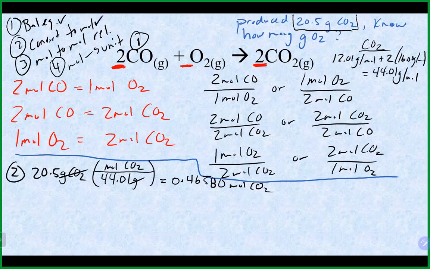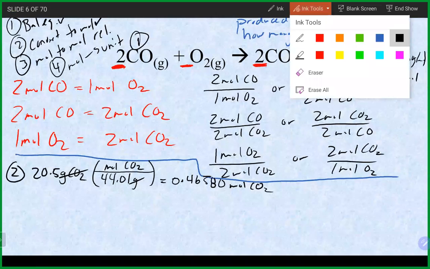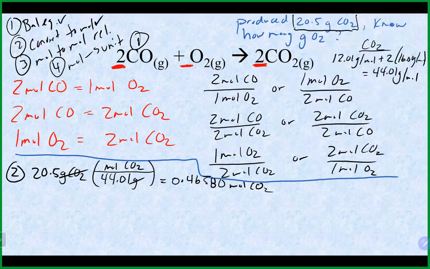The reason we need to convert to moles is because for step number 3, we need to use the mole to mole relationship, so everybody's got to be in the right units. How do we find the proper relationship? We go to the balanced equation and we find the 2 things we're interested in. One is what they gave us, which in this case was CO2.